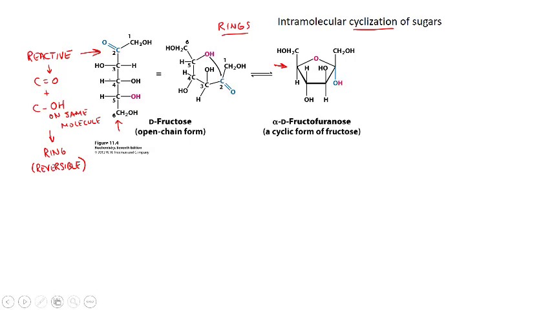So for example, in fructose, this OH group can undergo a nucleophilic attack on that carbonyl carbon up there. A ring forms, and you're left with a ring structure over here. If your ring structure is 5-membered, and so that would be 4 carbons and 1 oxygen, you have what's called a furanose structure.